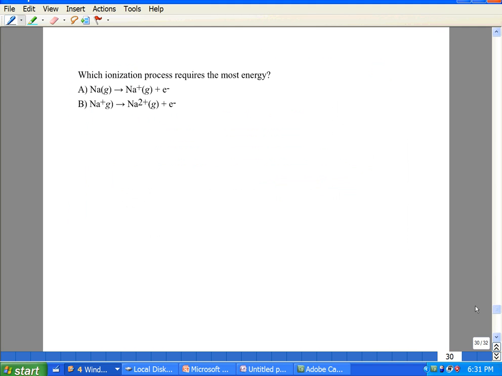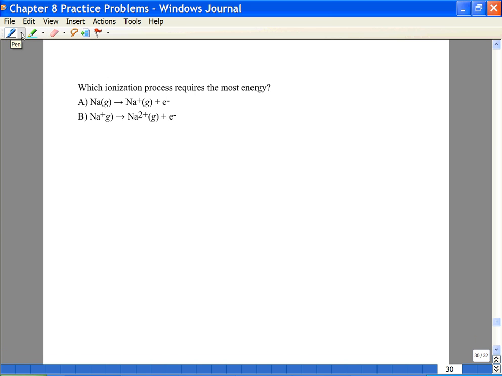The very last question asks you to identify which ionization process requires the most energy. This just draws on your being able to remember your definition of ionization energy. Based on that definition, the first ionization energy has a certain value, but the second ionization energy, which is the energy required to remove that second electron, is always higher than the first.